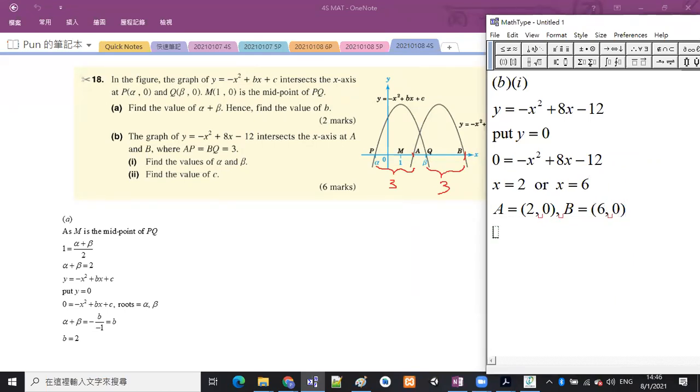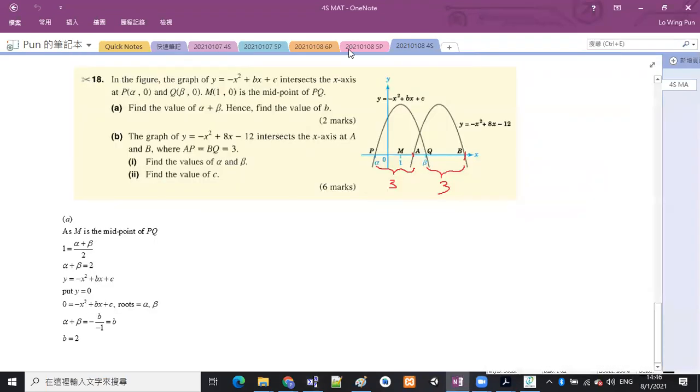Okay, and then alpha is equal to 2 minus 3, so that should be negative 1. And beta should be equal to 6 minus 3. So that is equal to 3. And that is how we can find the answers of B1. Get it?